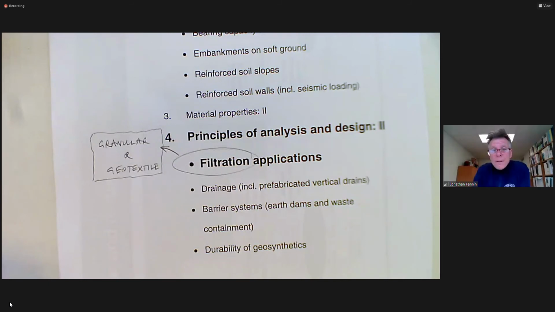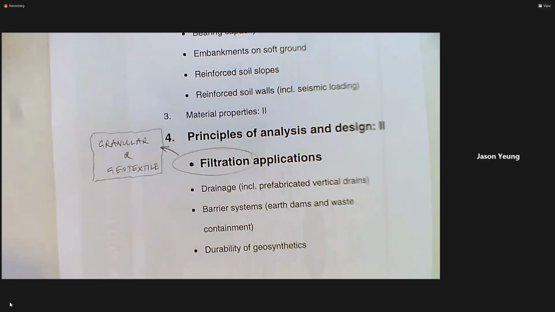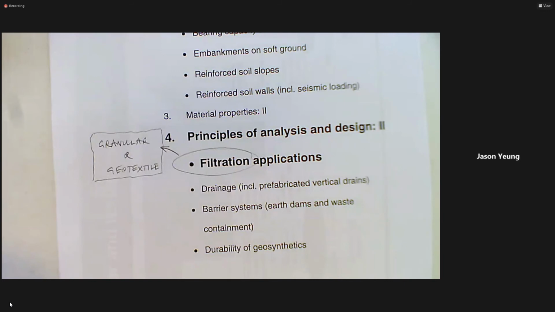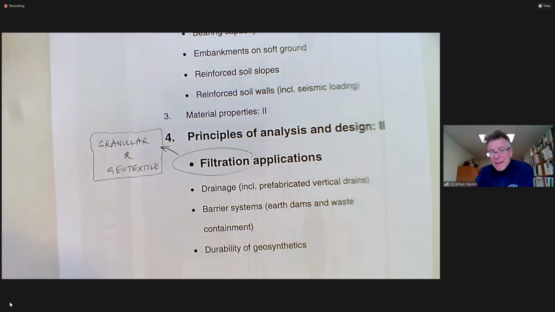And this was in northern Canada, so it was in permafrost regions, so it was a frozen core dam. The core of the dam was saturated gravel that was mixed in an asphalt plant, and just wrapping around the core of this frozen core, they used a GCL. Okay. Thank you, Jason.